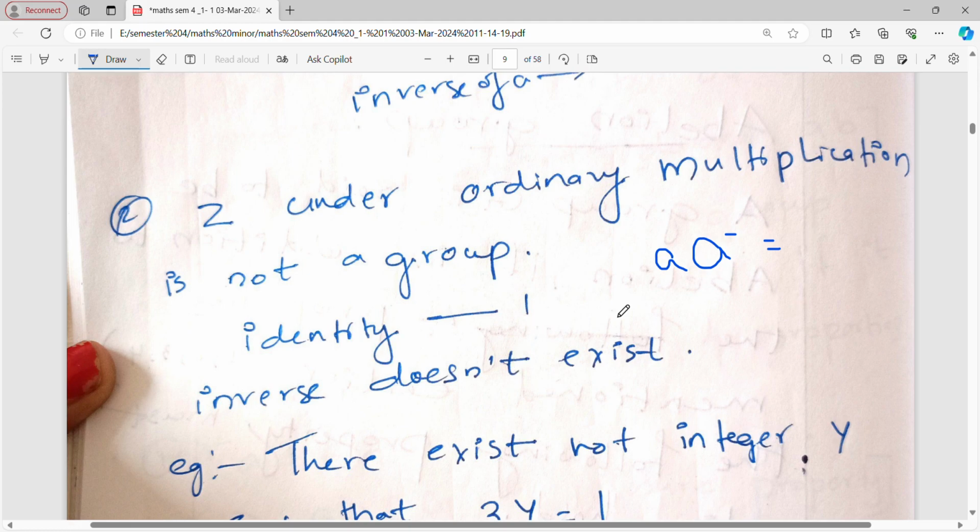Here it must give E, and here E is equal to 1. So if we take 7, which is an integer, 7 into 7 inverse, it doesn't happen. -7 into -7 gives -49.